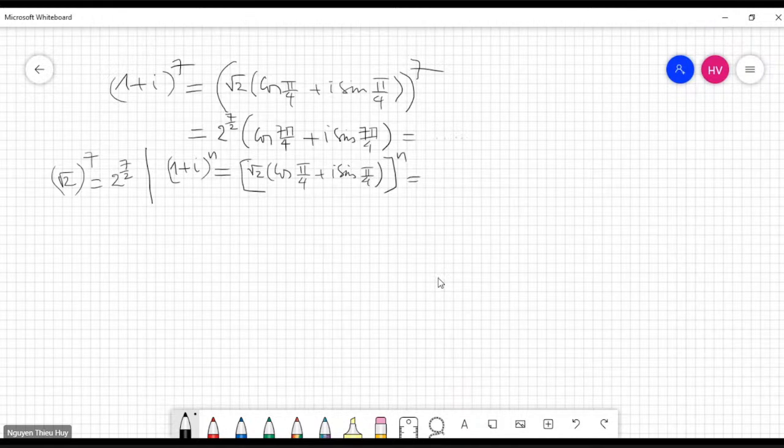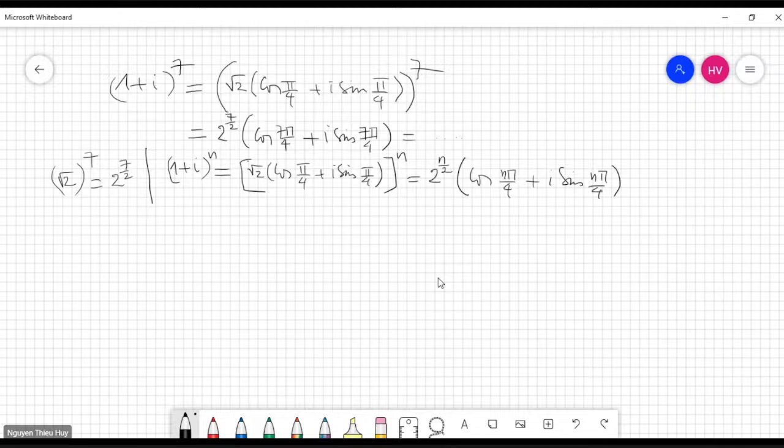And again here, you can write 2 to the power n half. Similarly, replace number 7 by general n, and here you have cos n pi over 4 plus i sine n pi over 4, right?